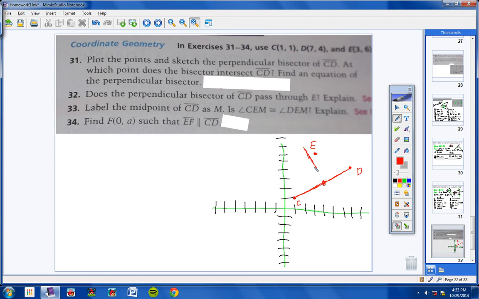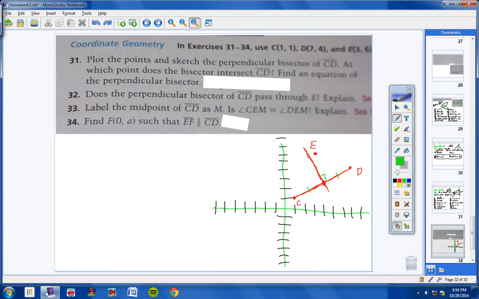So there we just sketched a perpendicular bisector. That means this segment here is congruent to this segment here. Okay? Very good.